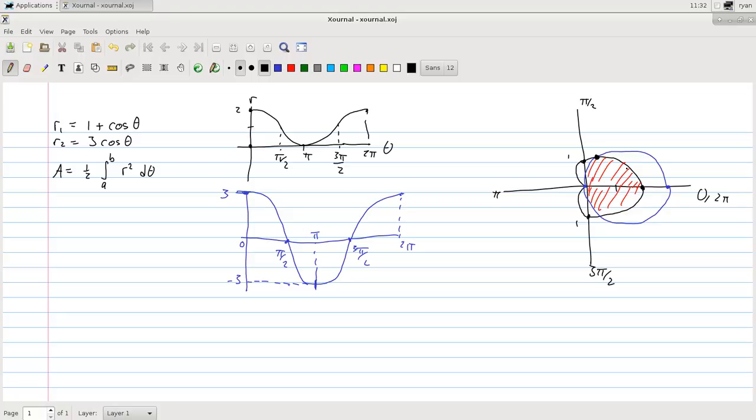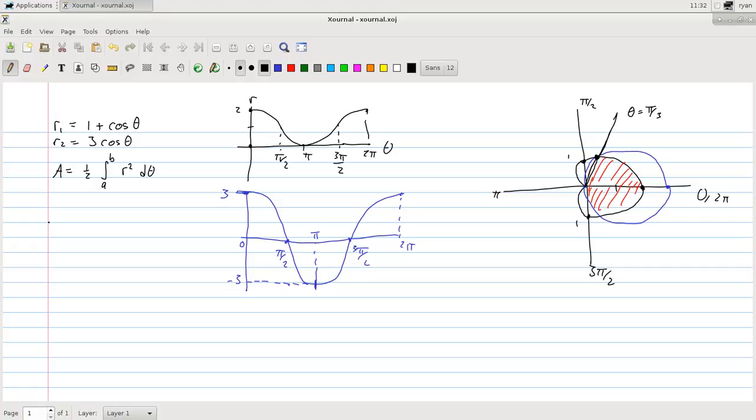So in this first section right here, the outer curve is r equals 1 plus cosine theta. Then, for the second half, inside this left-hand piece over here, the outer curve is the blue one, the 3 cosine theta. So we've got to figure out the angle at which the two of them cross. We can do that by setting the two equal to each other, and we see that that's going to happen at theta equals pi over 3.